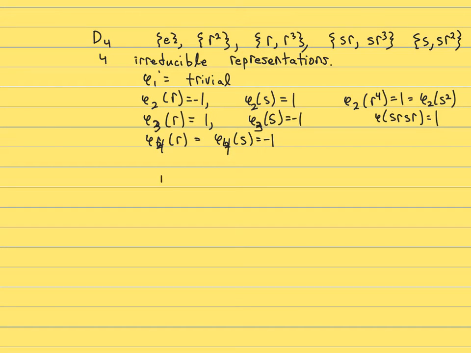The 4 we have so far have dimension 1. So we're missing 1. So some k squared, and that has to add up to 8, the order of the group. So we see k squared has to be 4. So the remaining irreducible representation has dimension 2.